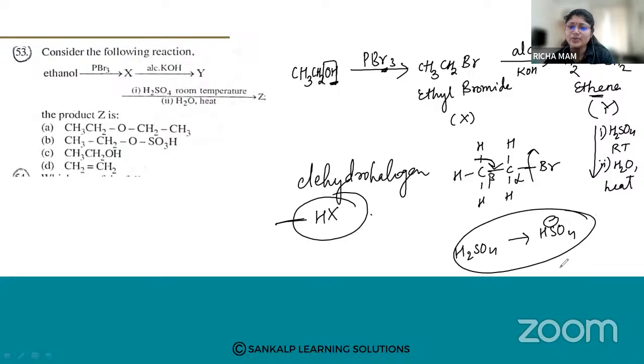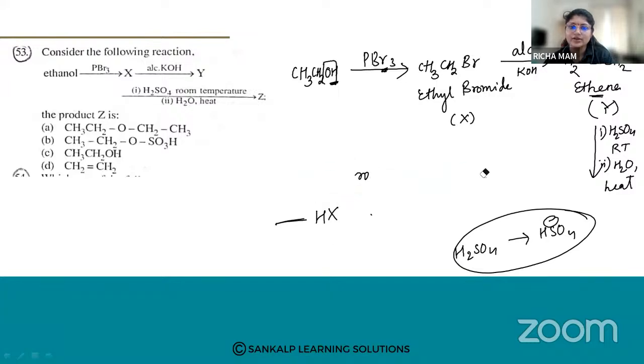So this HSO4 minus will attack the double bond, and you will get CH3CH2HSO4. So I have done the first reaction.